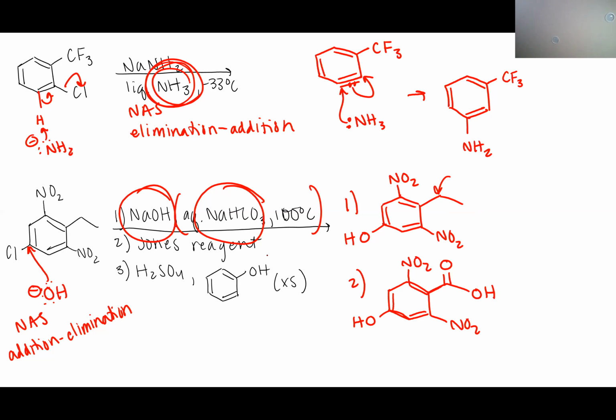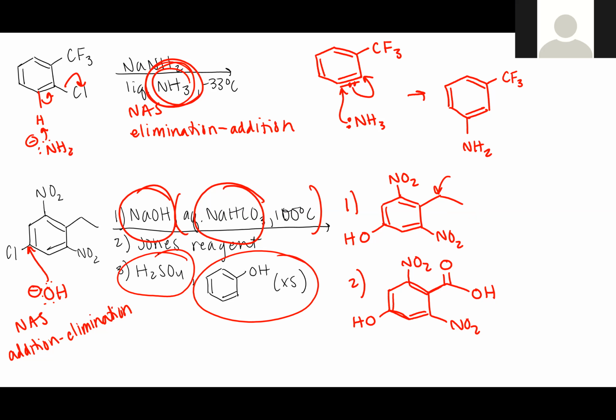And then in step 3, we're adding in an excess of phenol and sulfuric acid. What am I asking you to do here? A Fischer esterification. Yep, you got it. Oh, I'm gonna run out of space.